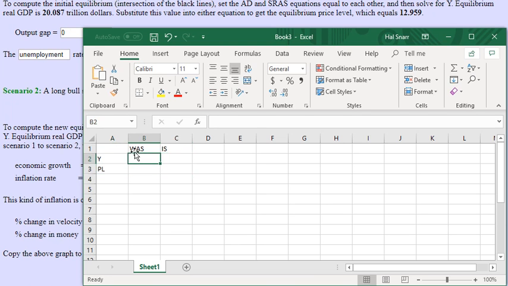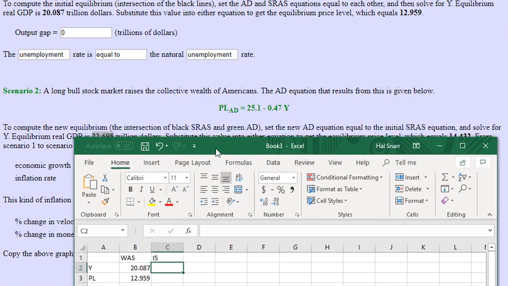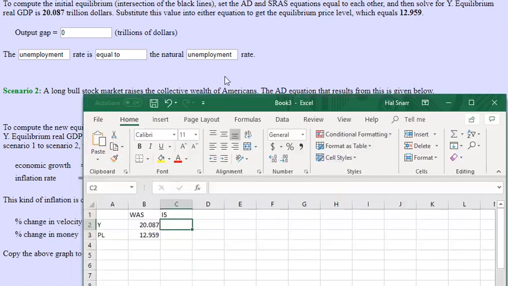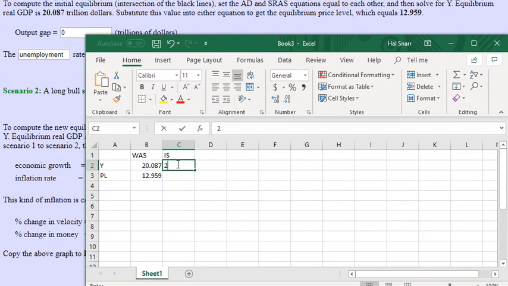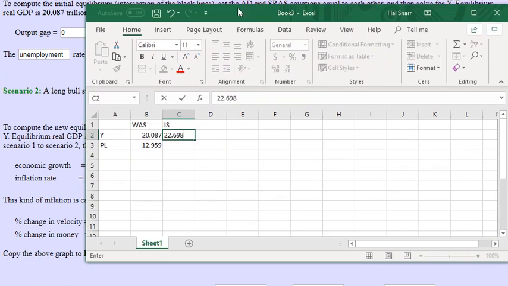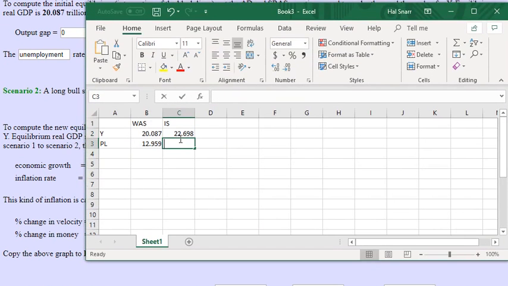And it was, in scenario 1, 20.087. The price level was 12.959. GDP is now 22.698. The price level is now 14.432.